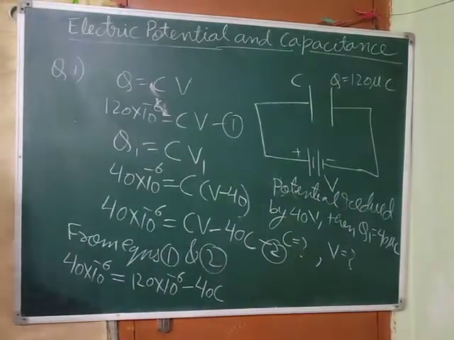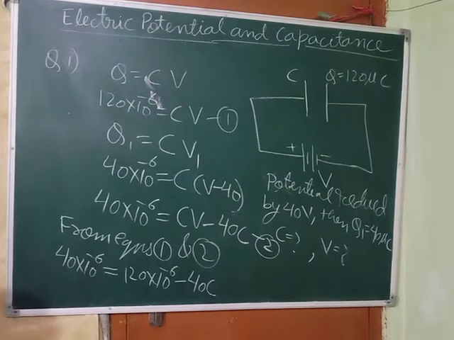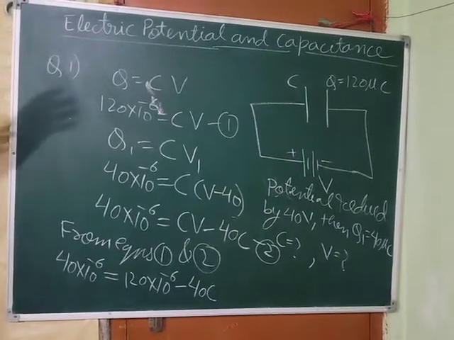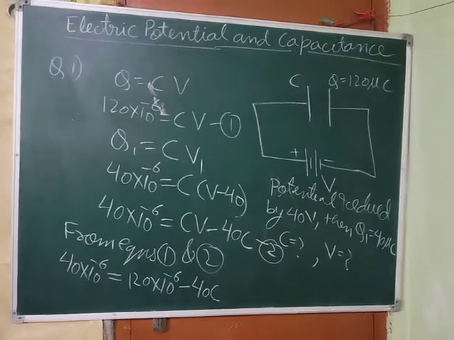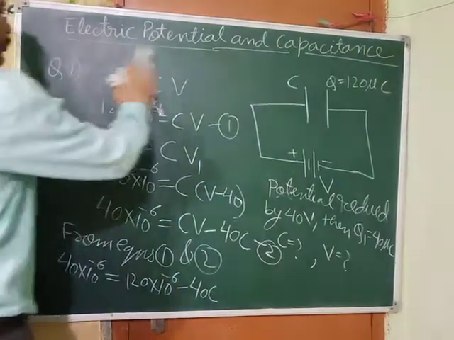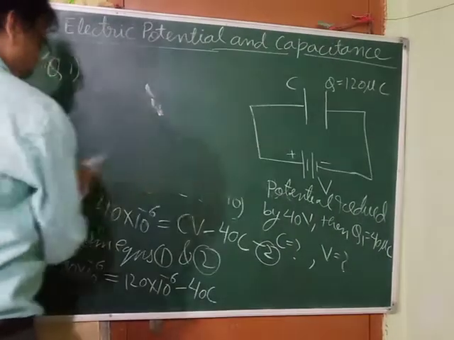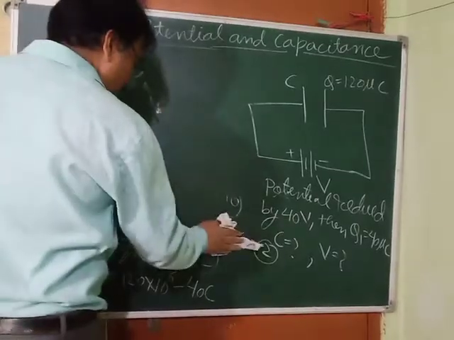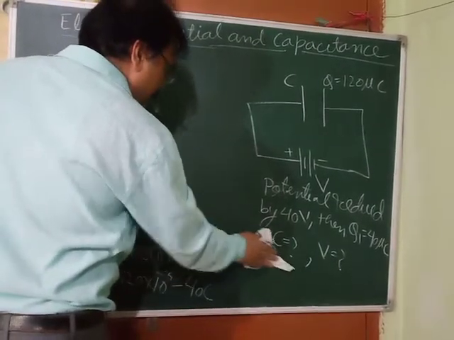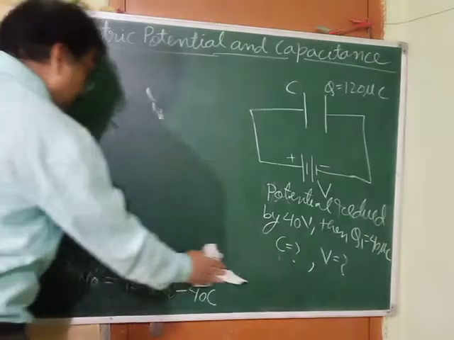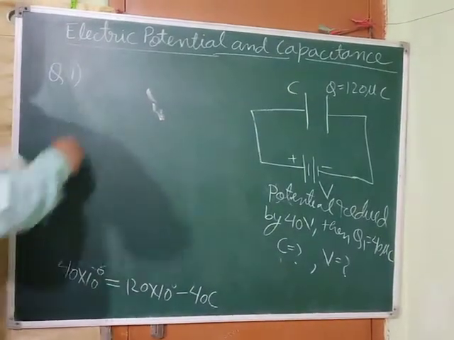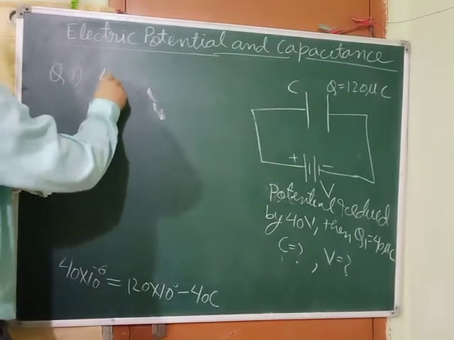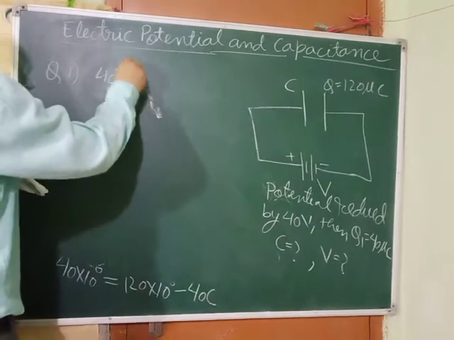That's what we are getting. So from here we have 40 into 10 to the power minus 6.